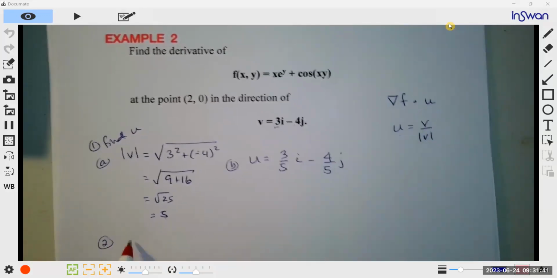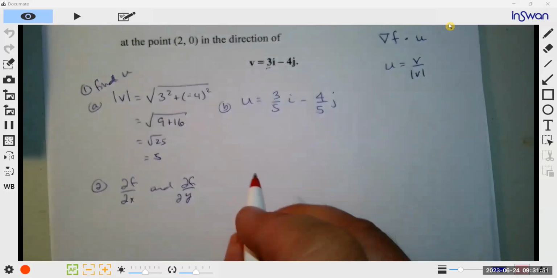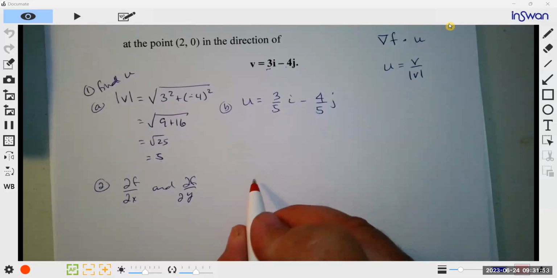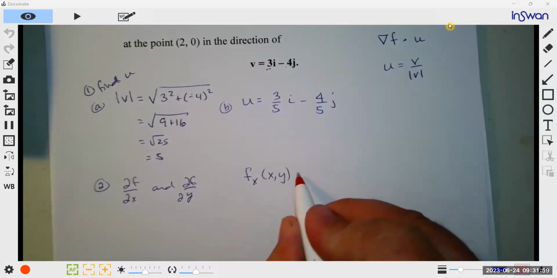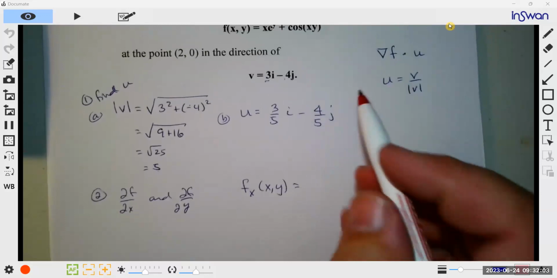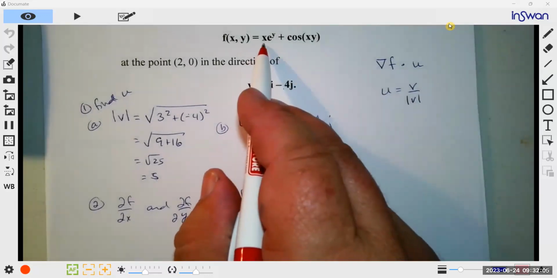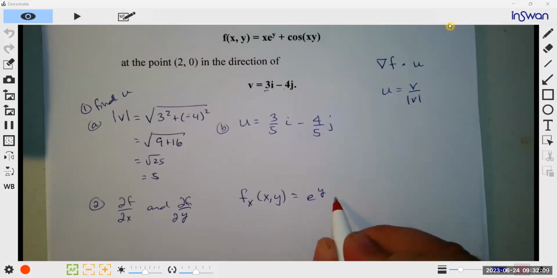The next thing we do is find the partials of x and the partials of y. The partial of f with respect to x: the derivative of x just leaves us e to the power y.